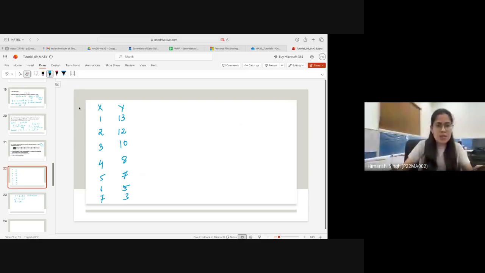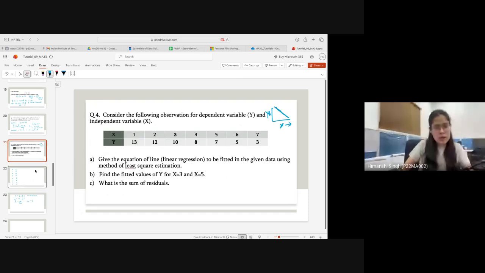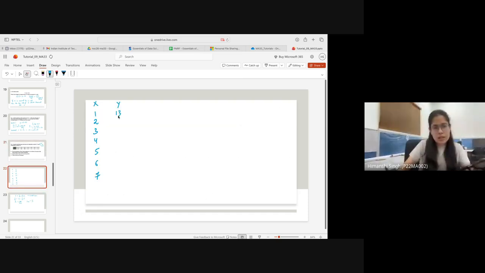So let me make it a little upper so I can see the sum values also. Here I'm writing 1, 2, 3, 4, 5, 6, 7 and 13, 12, 10, 8, 7, 5, 3.